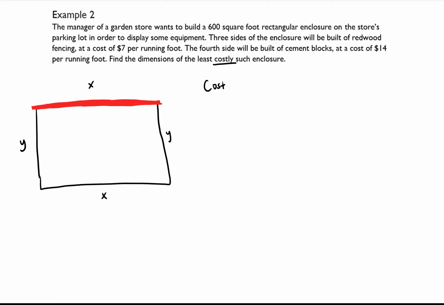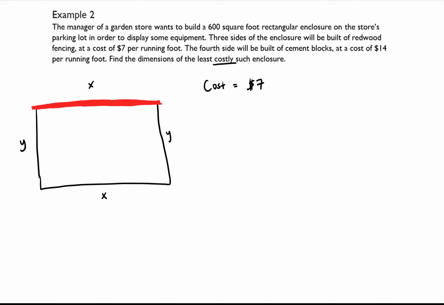So what is the cost? It's going to equal basically the cost of, how do I want to write this? The redwood costs $7, and so it's going to be $7 per foot. And basically, we're just taking the perimeter of the black portion of the rectangle.